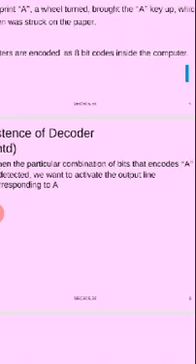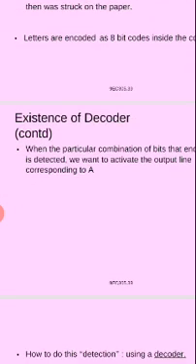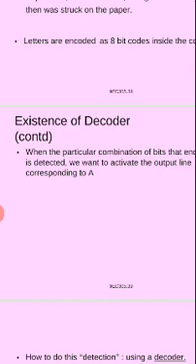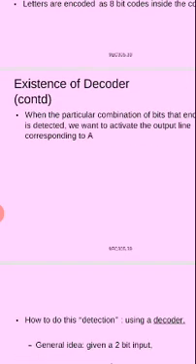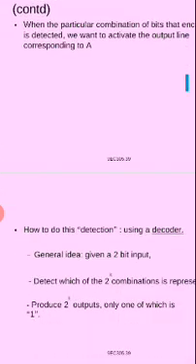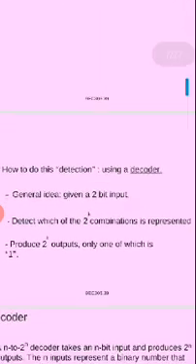When the particular combination of bits that encodes A is detected, we want to activate the output line corresponding to A. How to do this detection using decoder?